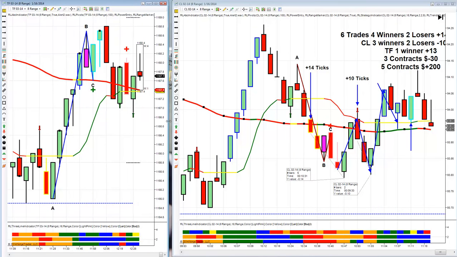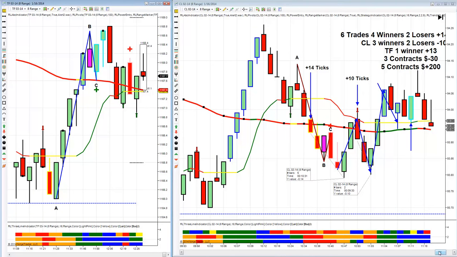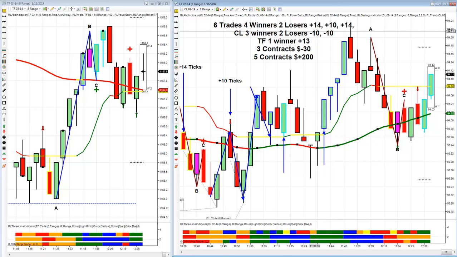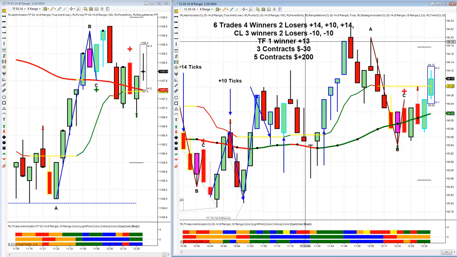And here's the way the day went. On crude, we had 3 winners and 2 losers. Our winners were 14 ticks, 10 ticks, 14 ticks. And both our losers were on crude, -10, -10. We had 1 trade on the Russell, which went 13.